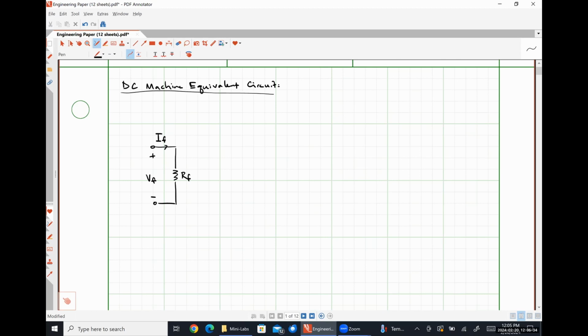On the right-hand side, I'm going to put the armature equivalent circuit, and I'm going to put a terminal here, A1, and then a terminal down here, A2. This black box right here is just representative of a brush.